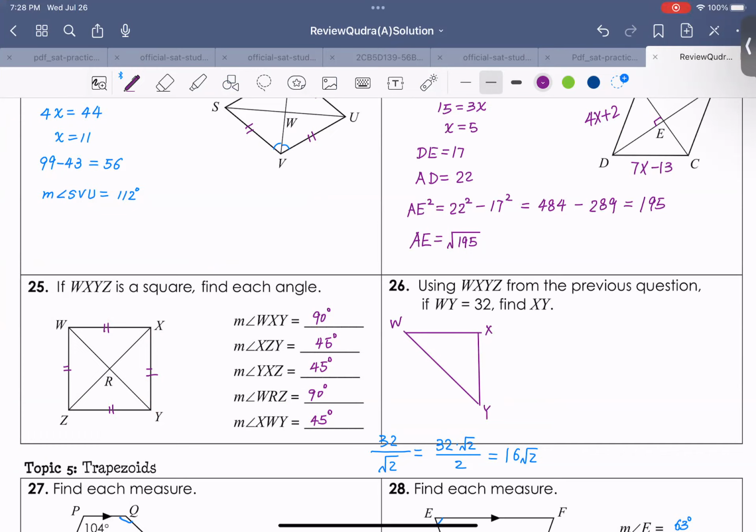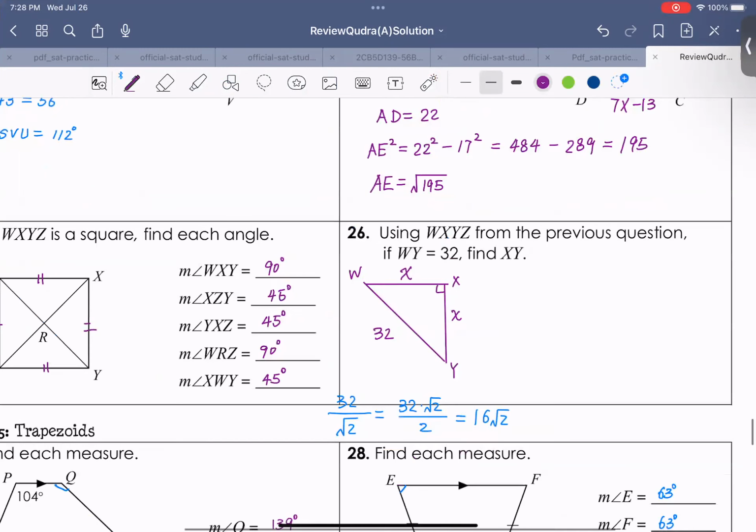You know WY is 32, and this angle here is 90 degrees. You don't know this side, so you can call it x. Can you use the Pythagorean theorem to solve this, please?